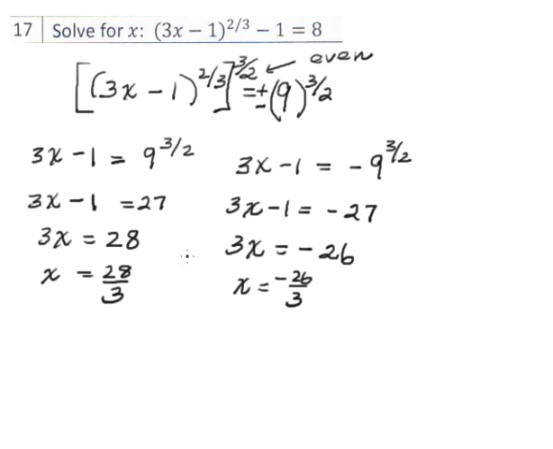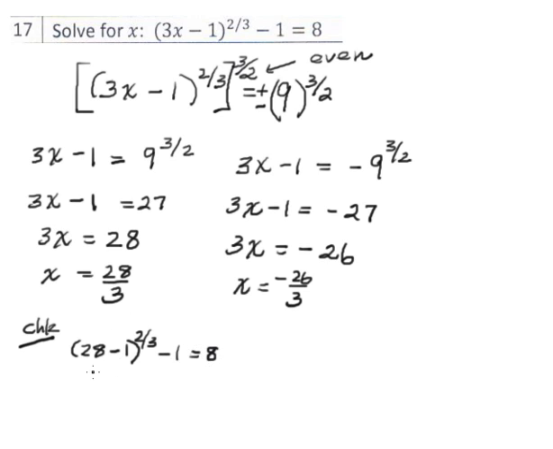Okay. And then we'll do our check into the original equation. So first 28 over 3. So we have 3 times 28 over 3, that's just 28. So we have 28 minus 1 to the 2/3 minus 1 equal to 8.